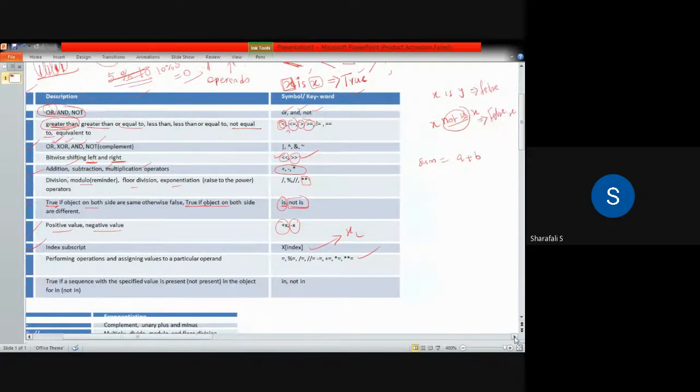Here, these two are added using the arithmetic plus operator, and then that value is assigned to the variable sum. That is the assignment operation.